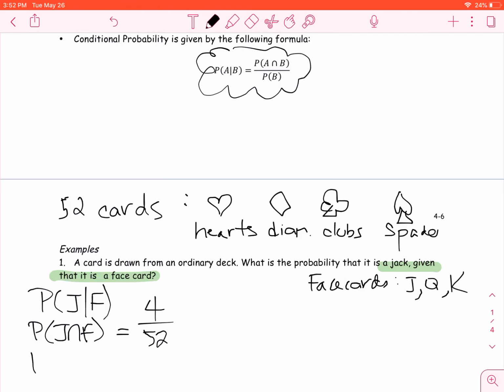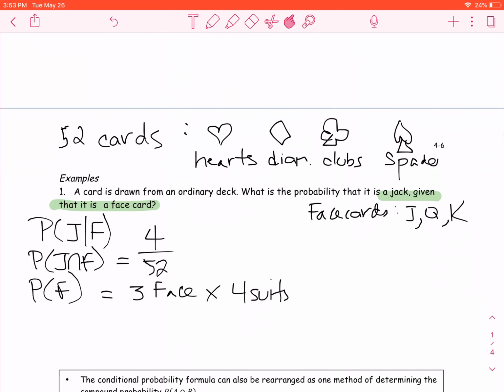Now the probability of just the face cards, this is what I was talking about a few moments ago: 3 face cards, sorry, not suits, 3 face cards multiplied by 4 suits. So in total there are 12 face cards out of a deck of 52.